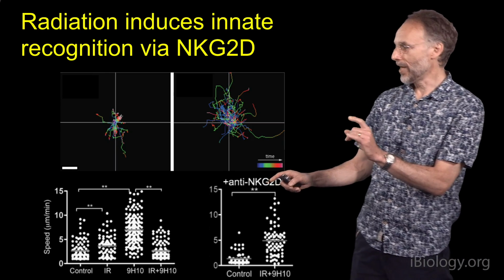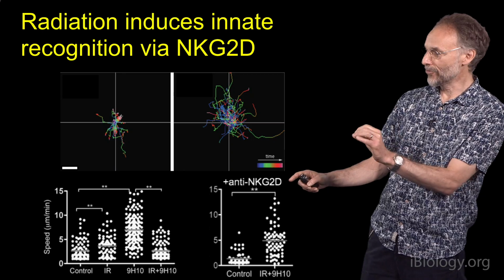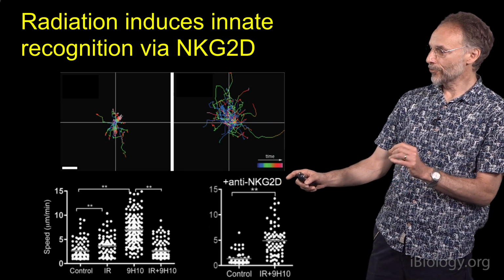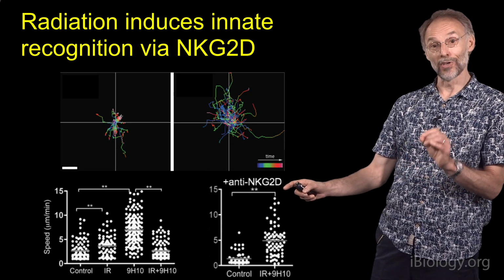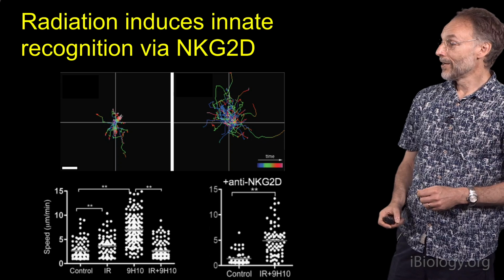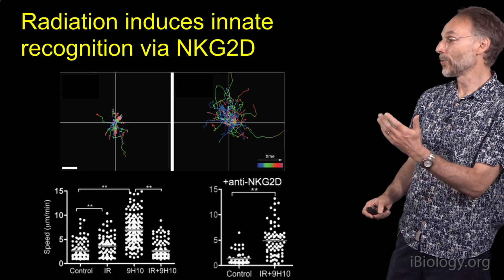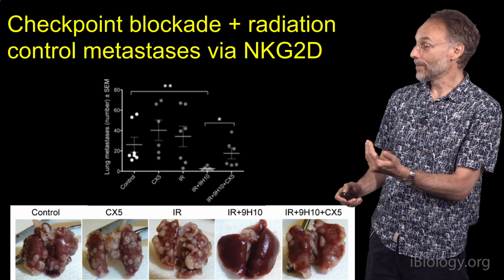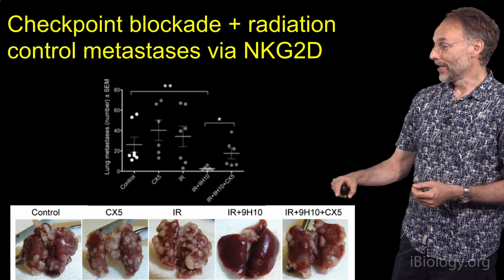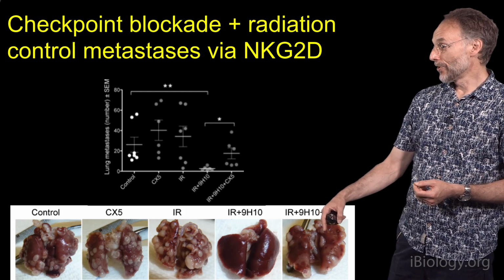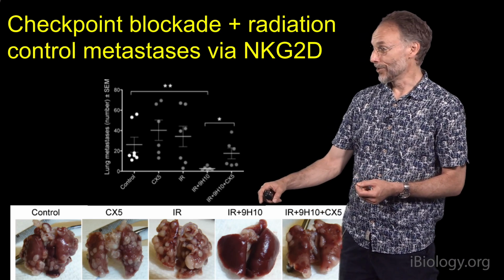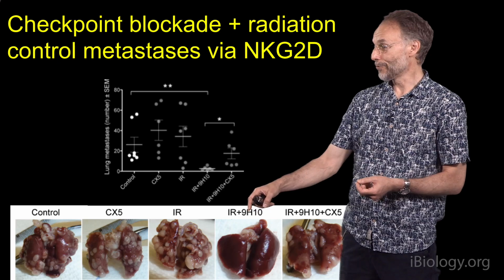So unlike CD28 that activates PKC theta and inhibits synapse formation, NKG2D is delivering activating signals that are stabilizing the synapse without activating protein kinase C theta, we believe, and this is leading to essentially reversal of the therapeutic effect. And this is just illustrated here, so if you block the NKG2D, you increase the lung metastasis versus the effective ionizing radiation plus 9H10, which is the anti-CTLA-4 antibody.